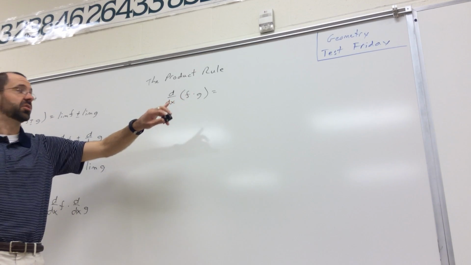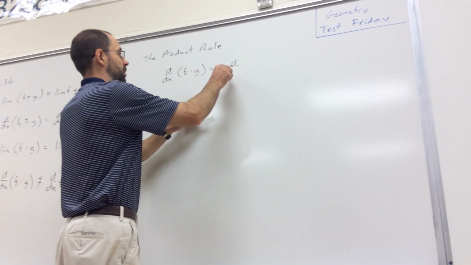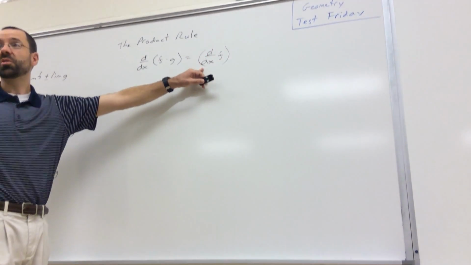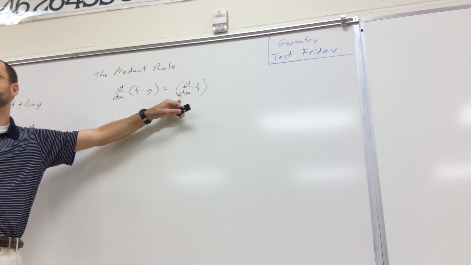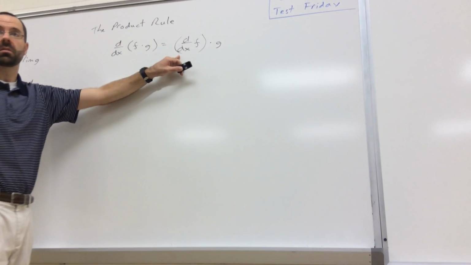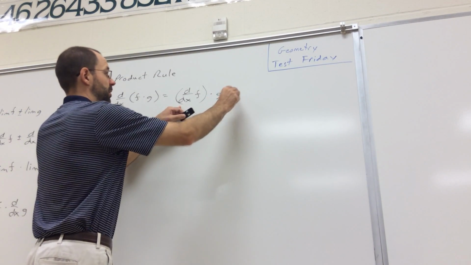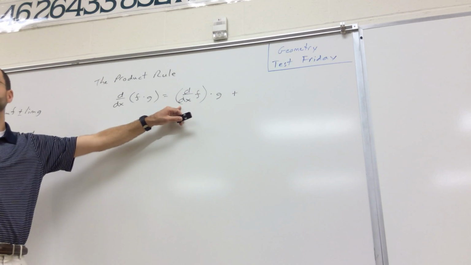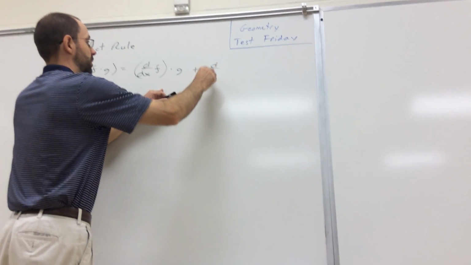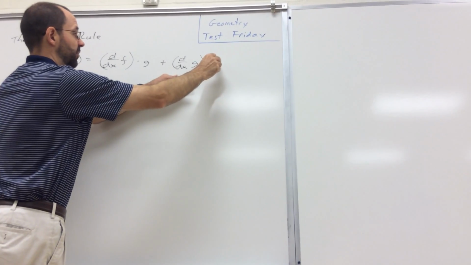So the way it works is you take the derivative of the first thing, and then you multiply by the regular second thing. And then there's a plus sign. And then you take the derivative of the second thing, and multiply by the regular first thing.